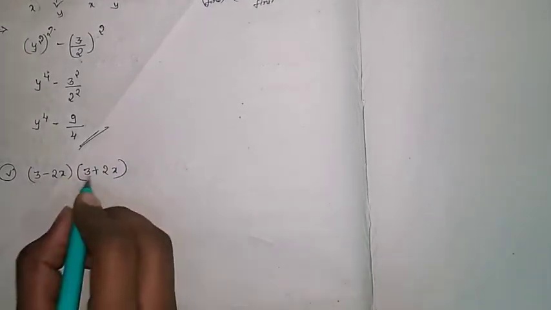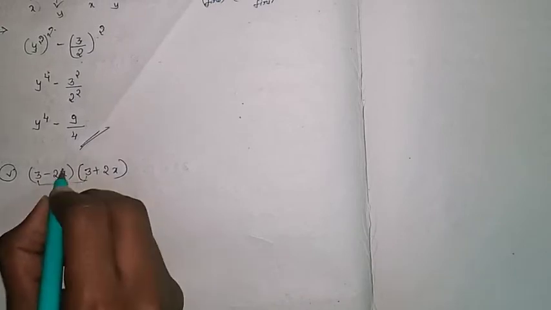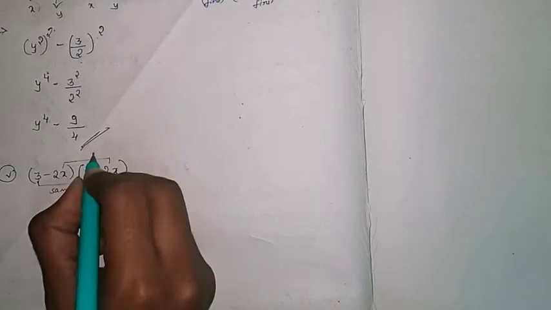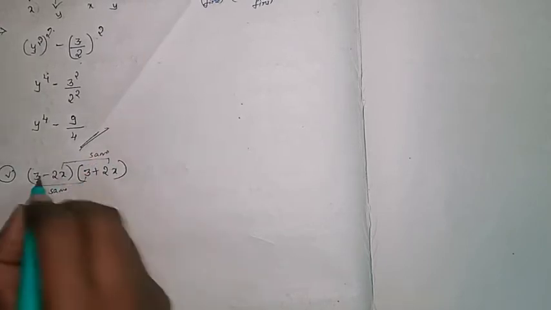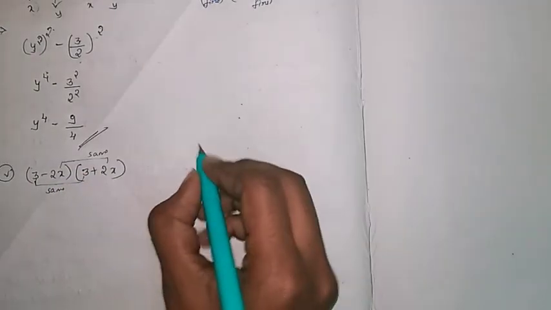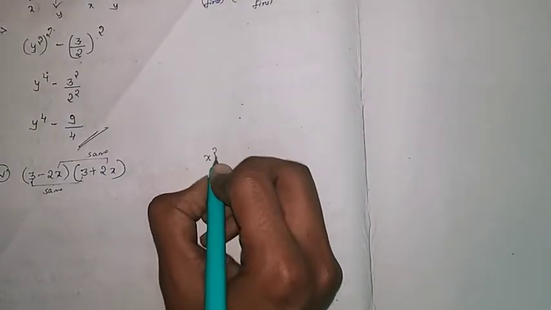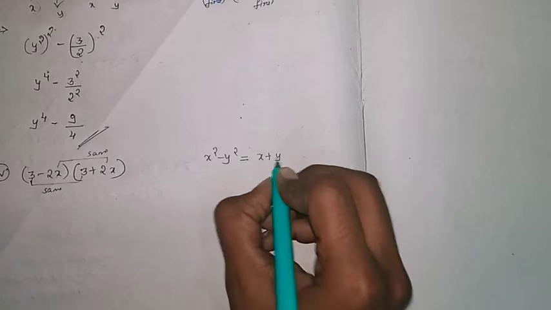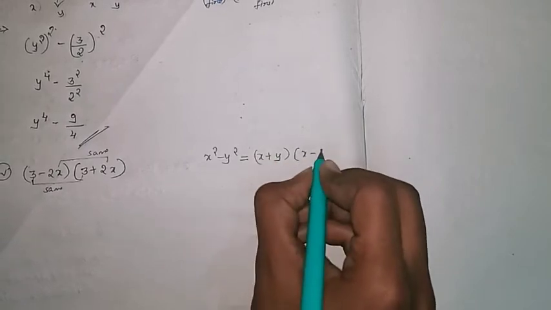Here you can observe the first term and the second term. The first term is the same and the second term is the same, and the signs are opposite to each other. That means the same formula, x square minus y square, which is equal to x plus y and x minus y.